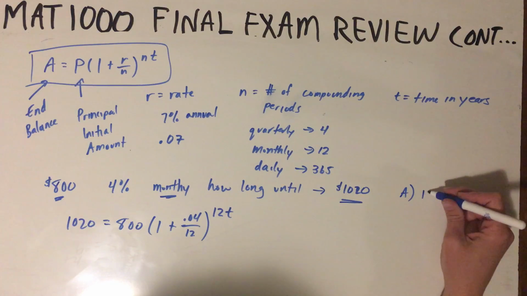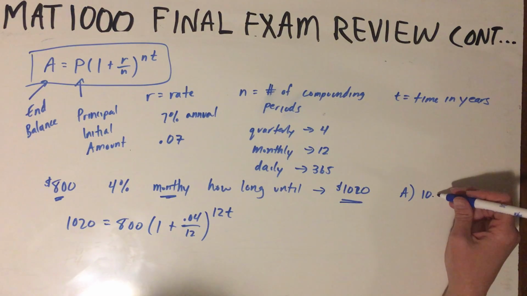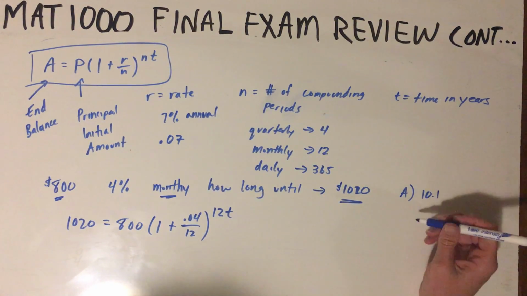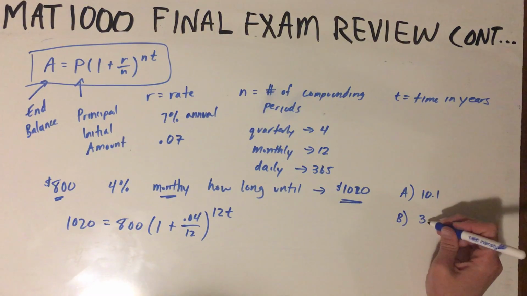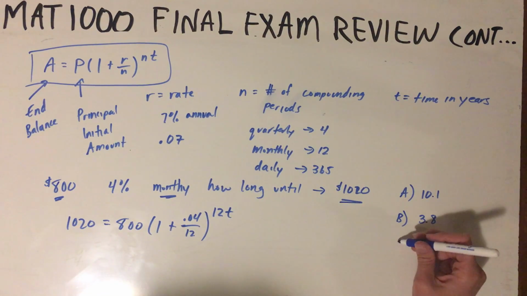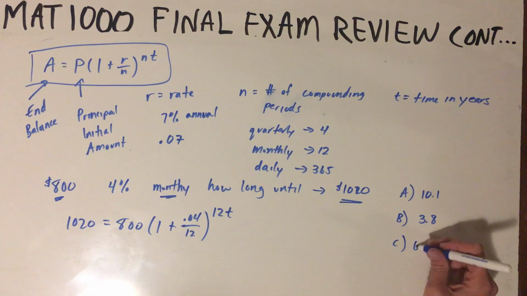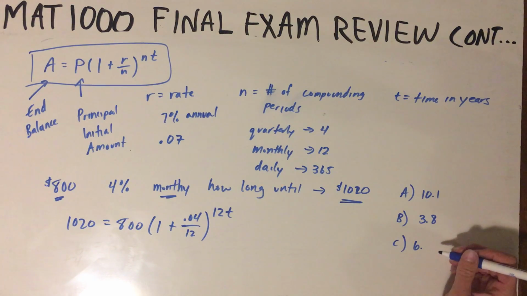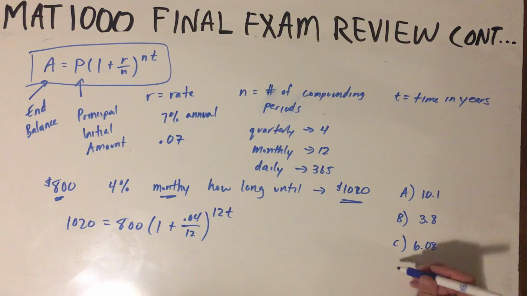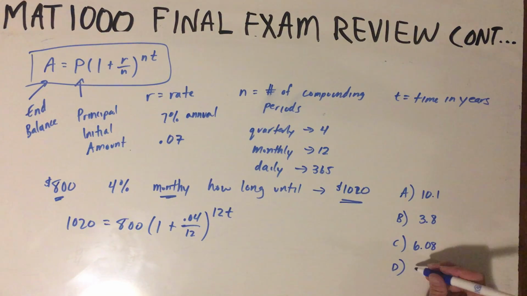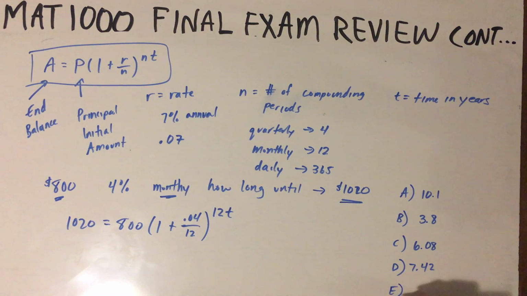Let's say that it's going to be 10.1 years, or it's going to be 3.8 years, or it's going to be 6.08 years, or it's going to be 7.42 years, or E is going to be 4.91 years.